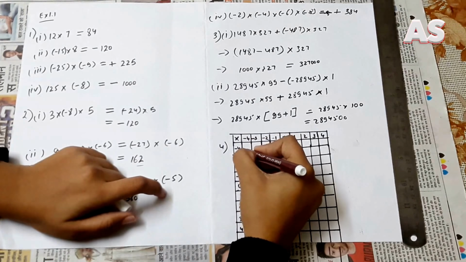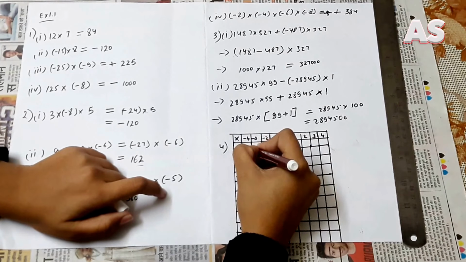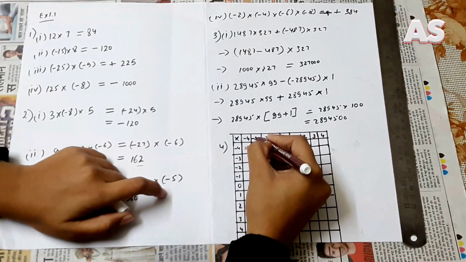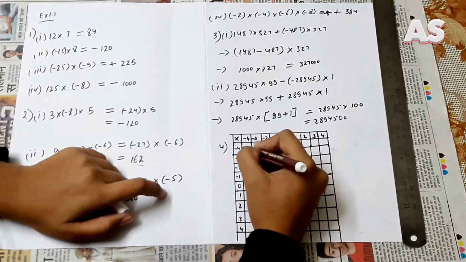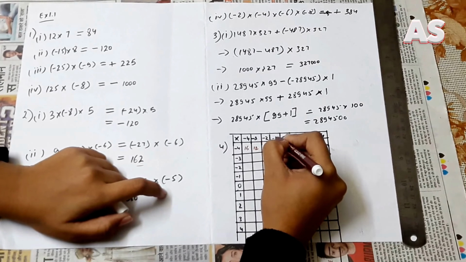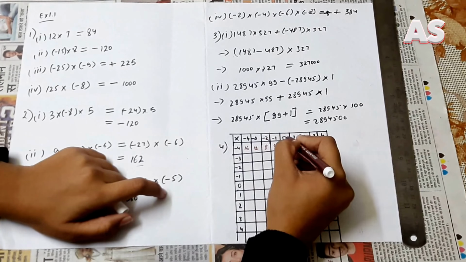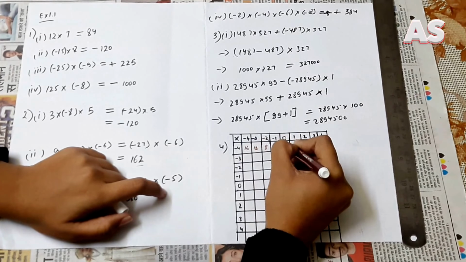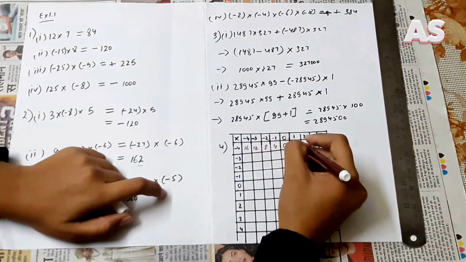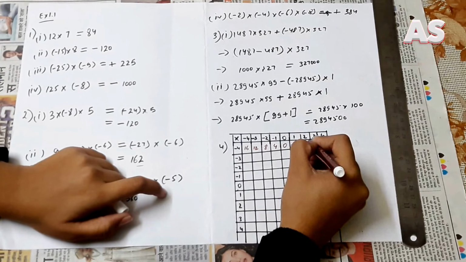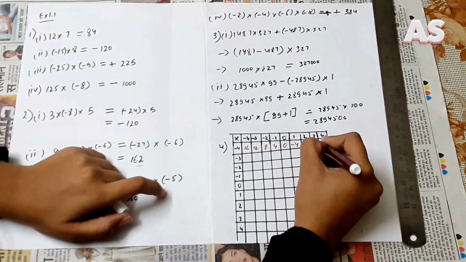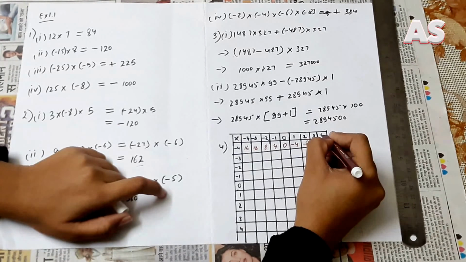Minus 4 into minus 4 is 16, minus 3 into minus 4 is 12, minus 2 into minus 4 is 8, and minus 1 into minus 4 is 4. Then 0 into minus 4 is 0, 1 into minus 4 is minus 4, 2 into minus 4 is minus 8, 3 into minus 4 is minus 12, and 4 into minus 4 is minus 16.